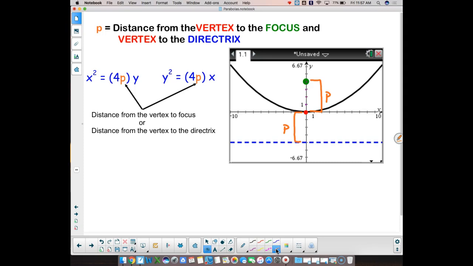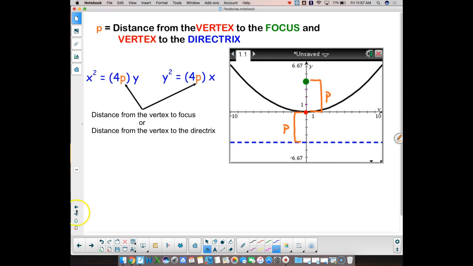Now, you've done extensive work with parabolas in Algebra 2. We are going to expand that knowledge here in pre-calc. So you've done vertical parabolas, up and down. We're going to expand it to left and right also.